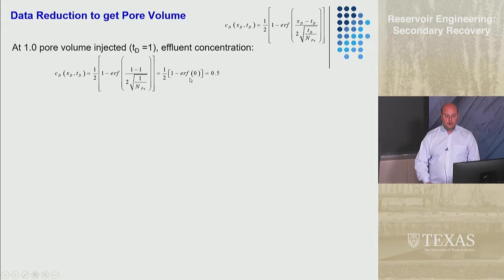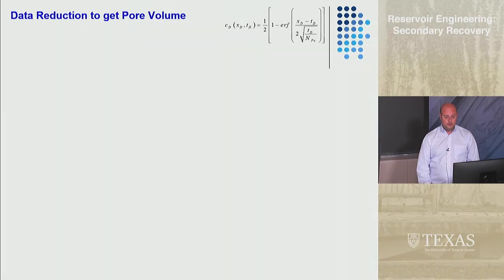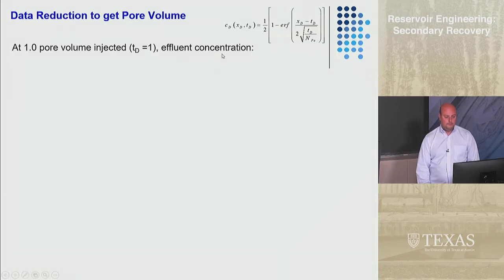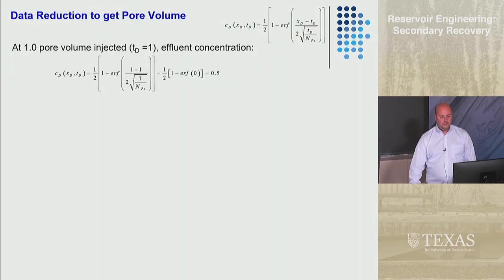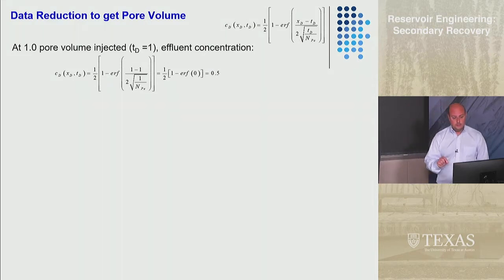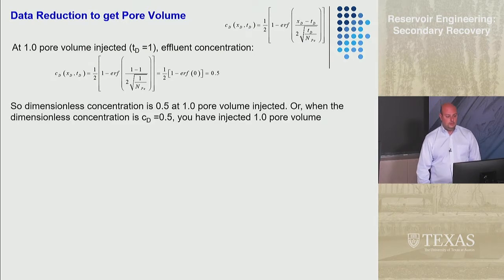And if you recall, the error function of 0 is 0, right? If we go back to over here, the error function of 0 is 0, so 1/2 times (1 minus 0) is 0.5. What does that mean? That means that when t_D is equal to 1, the exit concentration should be 0.5. What it really should be is 50% of the injected concentration.